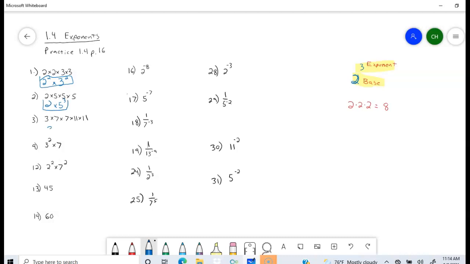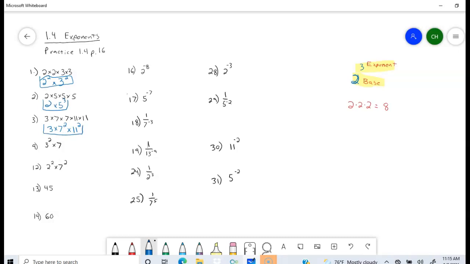Here we're going to have 3 times 7, and there's 2 of them, times 11, and there's 2 of them. Pretty straightforward.